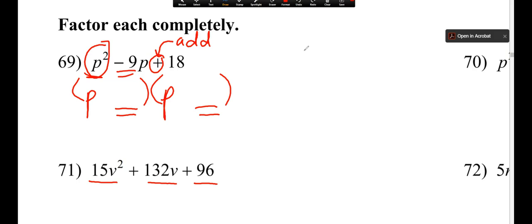Now, the only way two numbers are going to add together to give you a -9 is if both of them are negative. If we subtract two numbers, we can always come up with a negative as well, but if I'm adding two numbers together, I have to add two negatives. So can you think of a combo that multiplies together to give me 18 but adds up to -9?